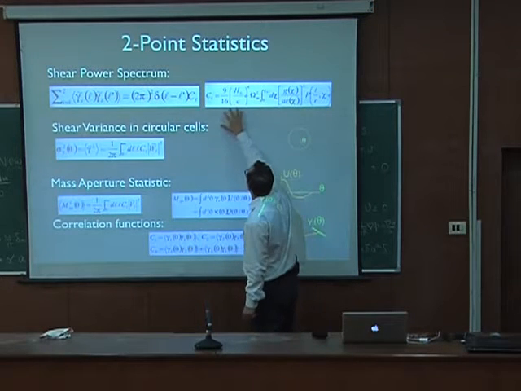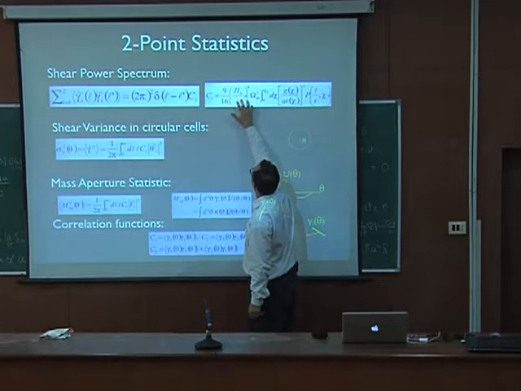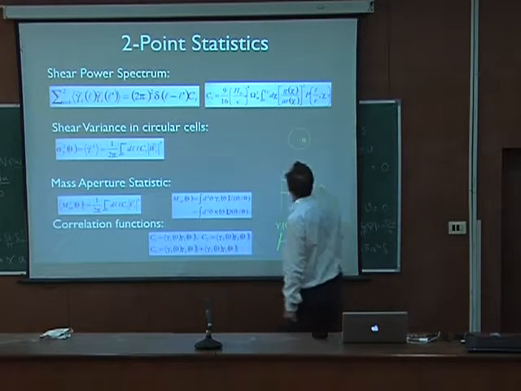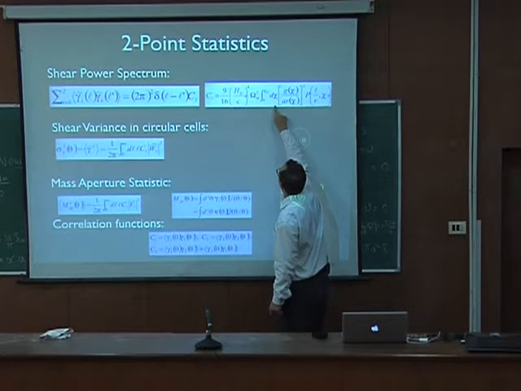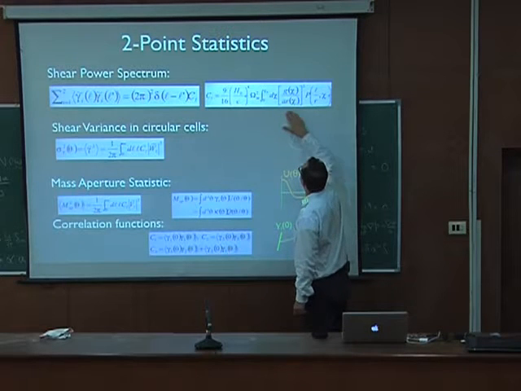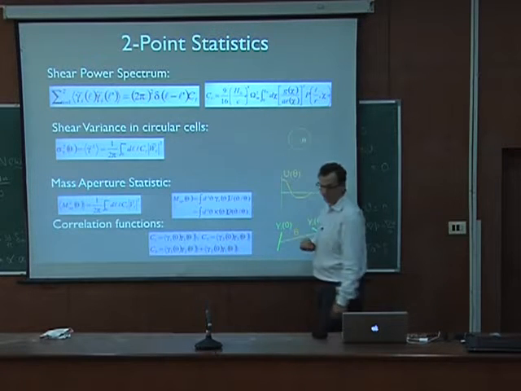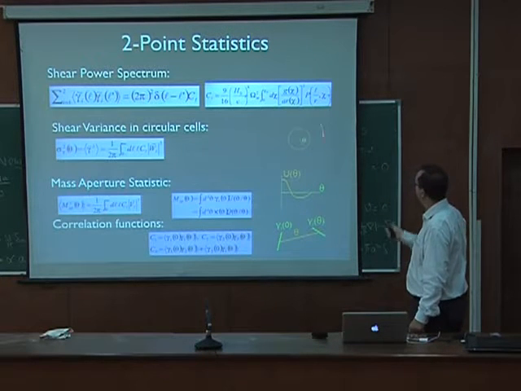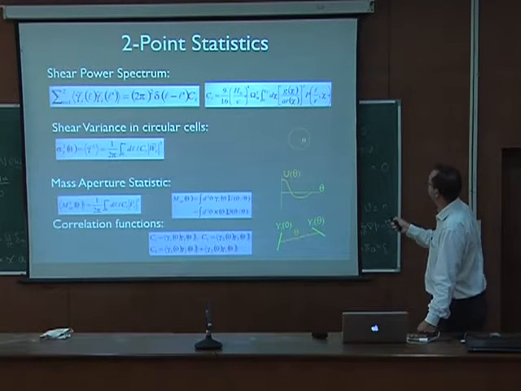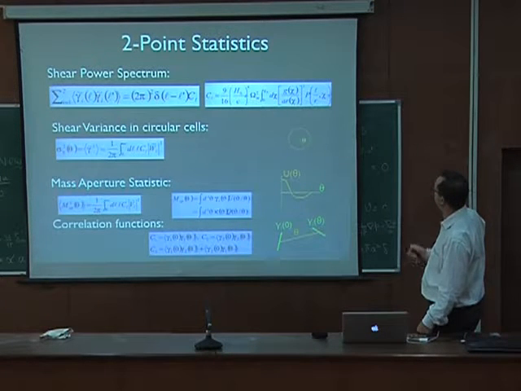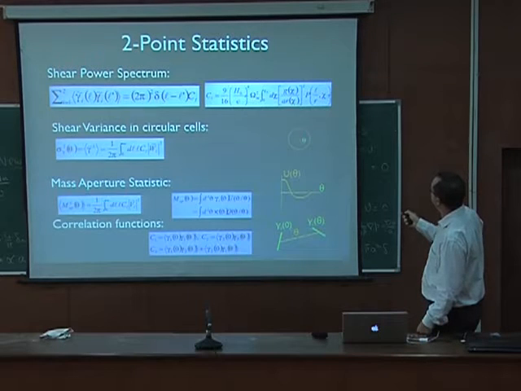It can be written as some constants, which include some cosmological constants, like say the Hubble parameter and omega matter squared, times an integral along the line of sight of a weight function, the same weight function that we introduced to define in our lensing equations. That depends on the redshift distribution of the sources and some angular diameter distances, and there are some other factors here, times the power spectrum of the density perturbations.